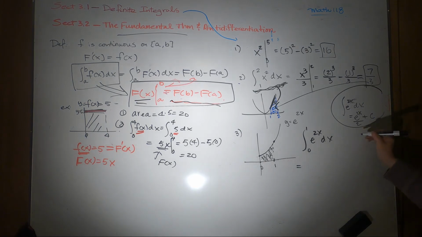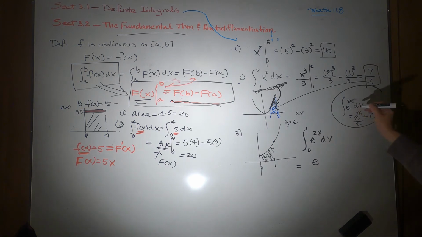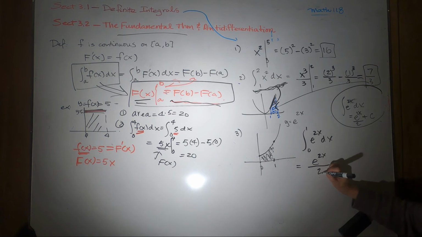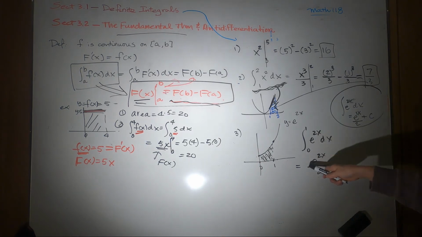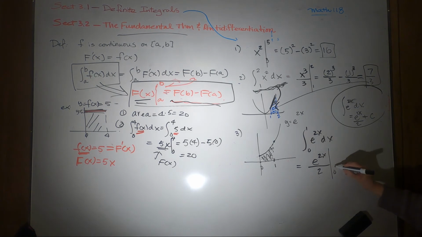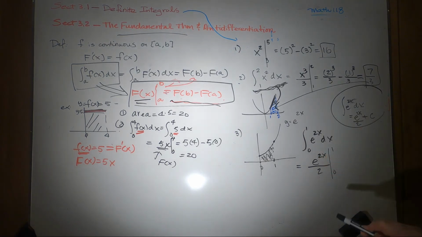So the antiderivative of e to the 2x power should be e to the 2x over 2. For an indefinite integral, we need to add c. But for the definite integral, from 0 to 1, it's fixed from 0 to 1.